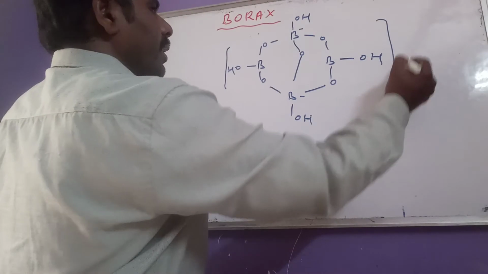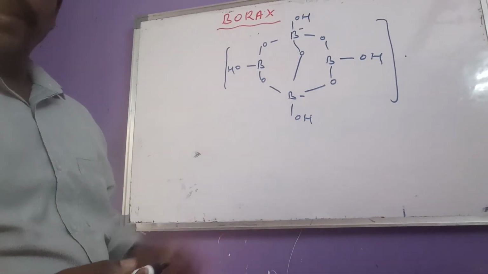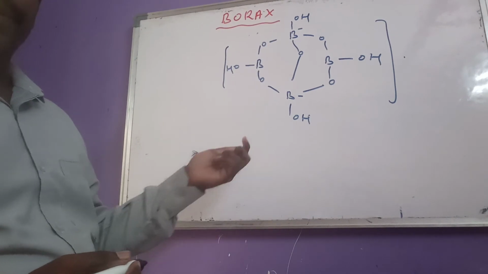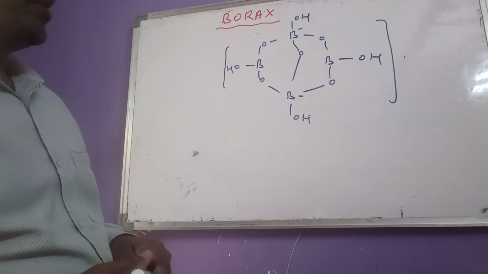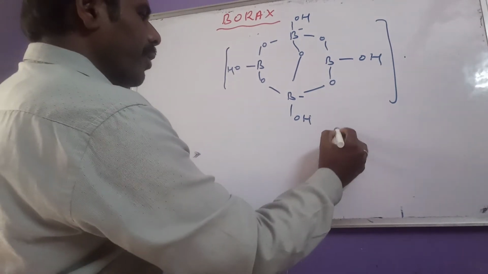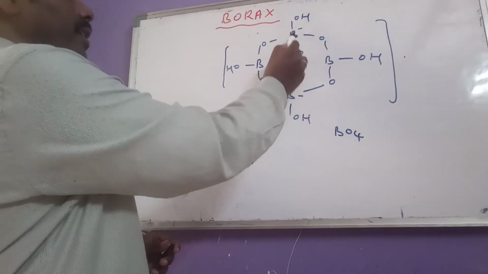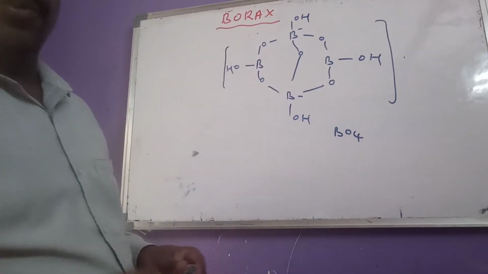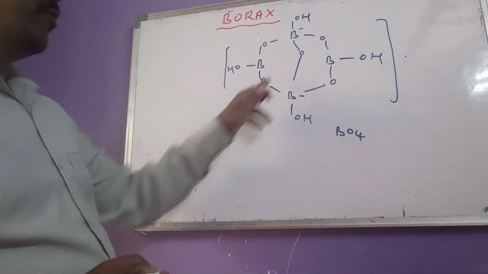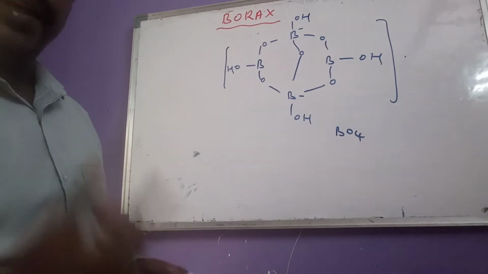Now this is the tetranuclear structure of borax. And here the number of BO4 units is equal to the charge present on the anion.